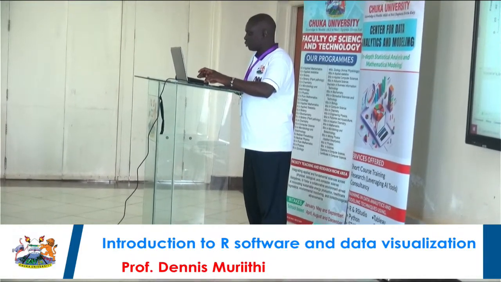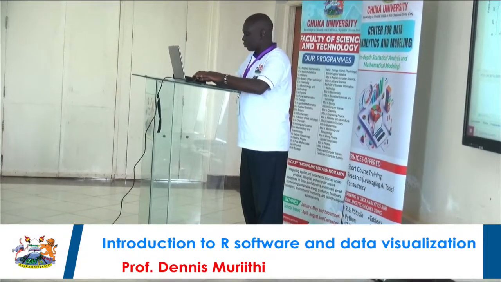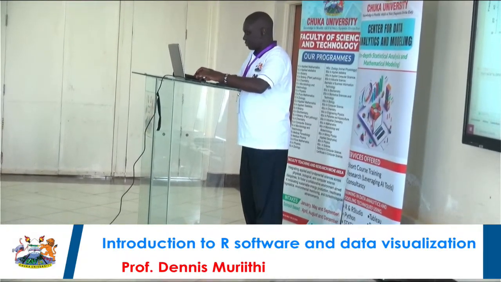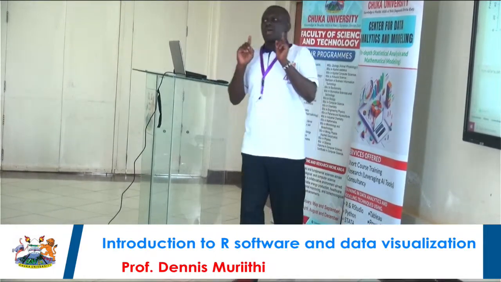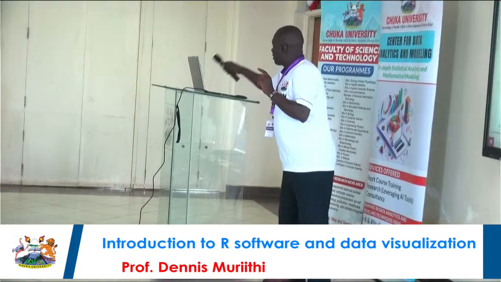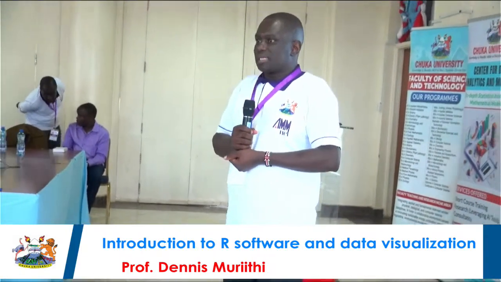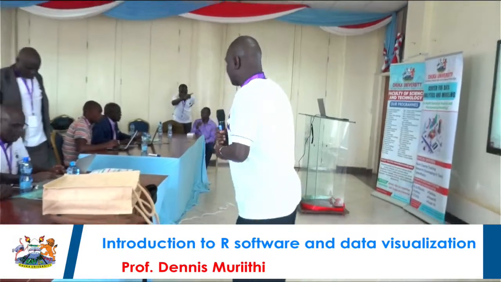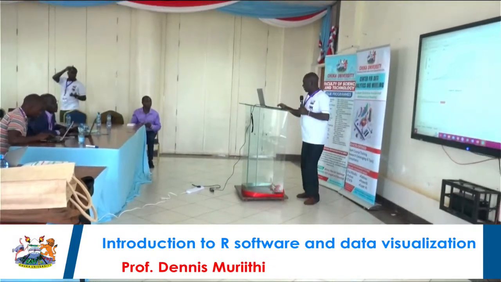Then I want you to put the color of your choice. Mine is tomato. R is case sensitive. Everything must be typed in small letters. Color. Then mine is tomato.